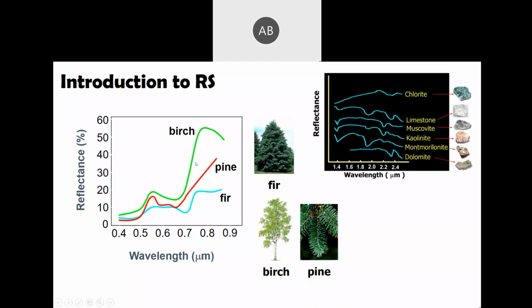So you have to have the subject expertise of geology, or in this case the subject expertise of botany. Plus, you also need to know about remote sensing. That is why remote sensing is known as a horizontal technology, sorry, not vertical.